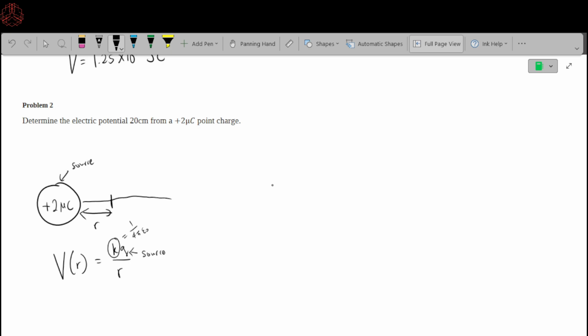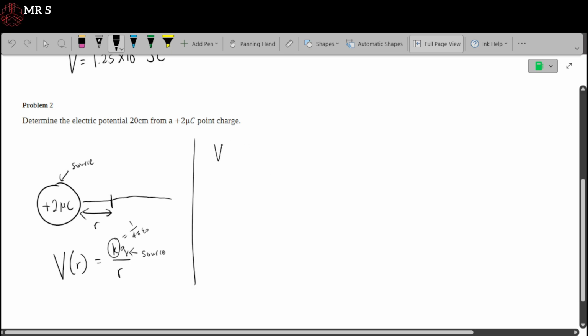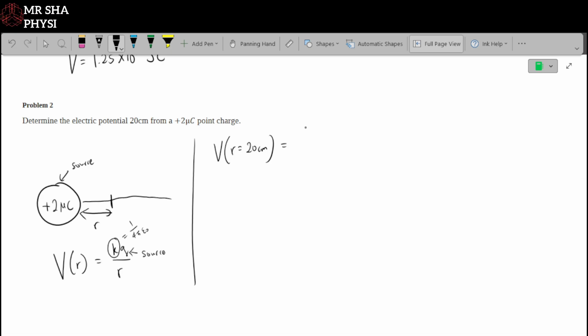So then what you're left with, if I substitute the values, I will have V at R equals to 20 centimeters. Okay, I will have 9 times 10 power of 9, and then I have positive 2 times 10 power of negative 6 over 0.2.